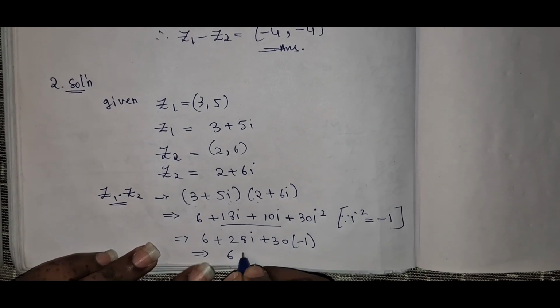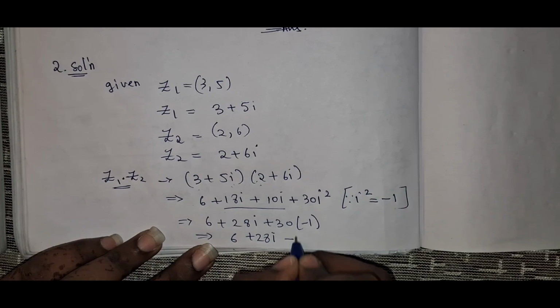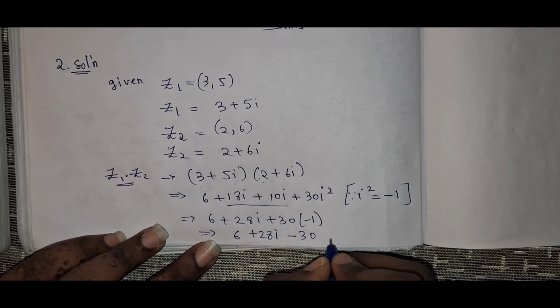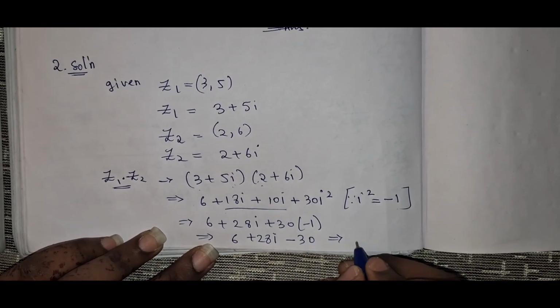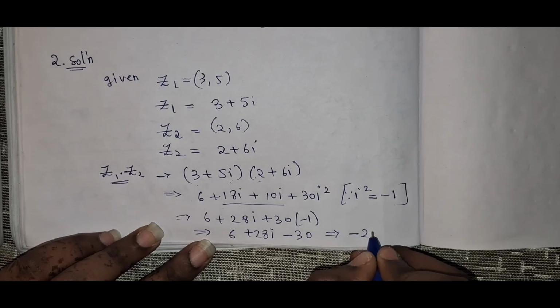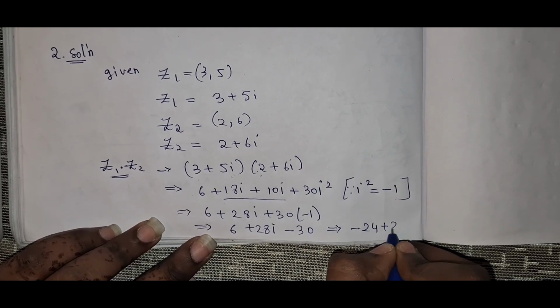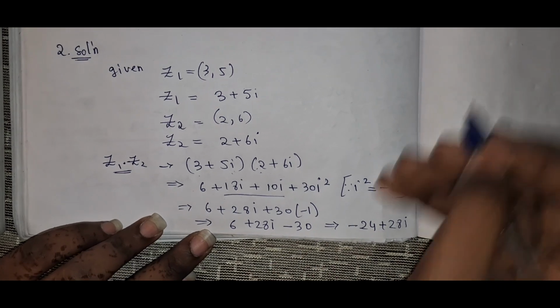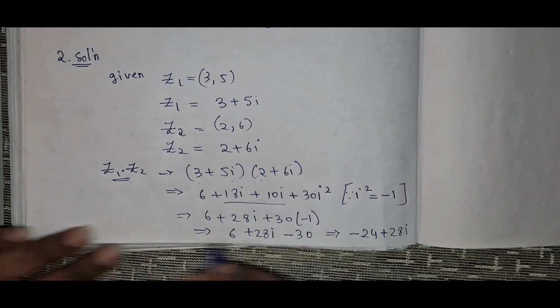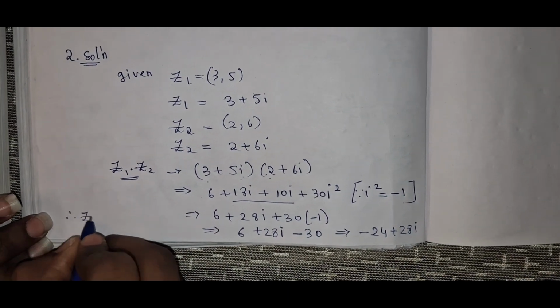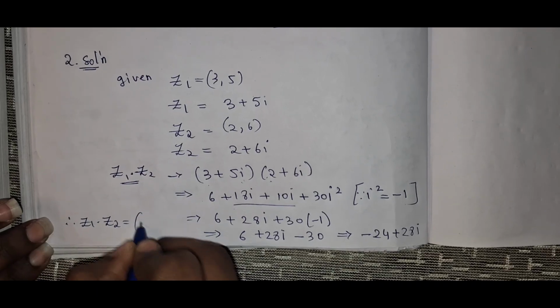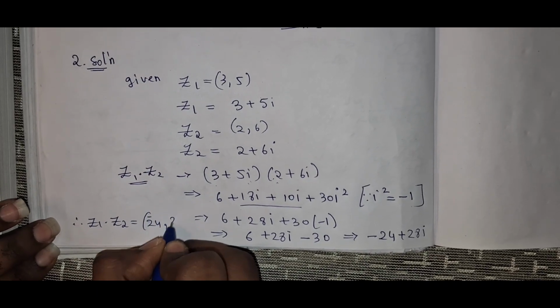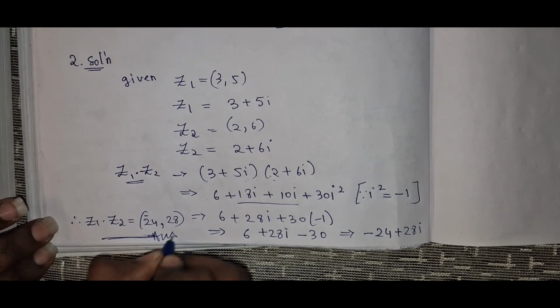Therefore 6 plus 28i minus 30 equals minus 24 plus 28i. As the question is given in the form of points, we will write the answer in terms of points only. Therefore Z1 into Z2 is equal to (-24, 28). This is the answer.